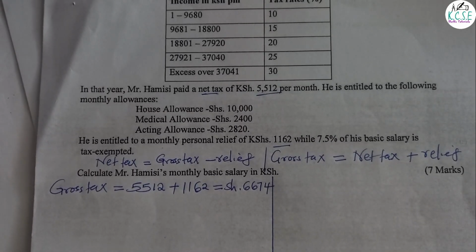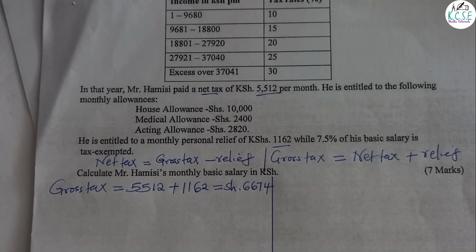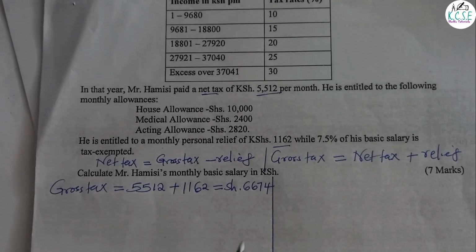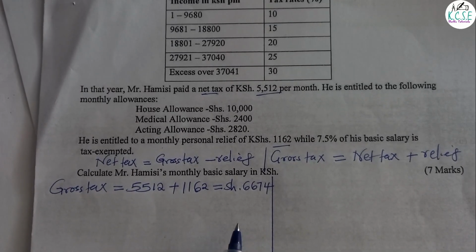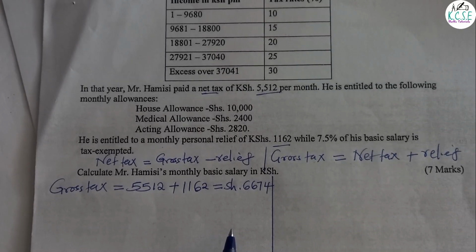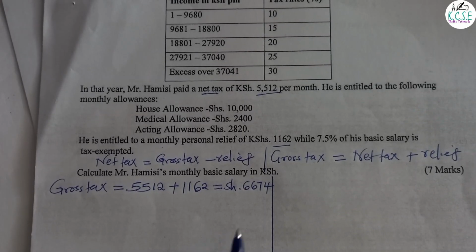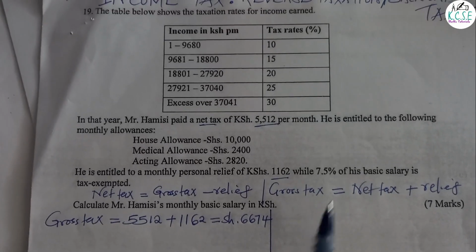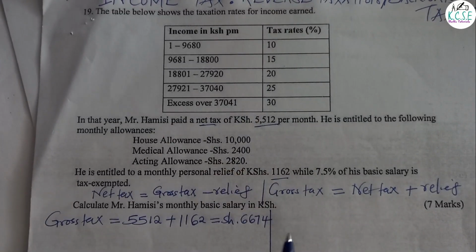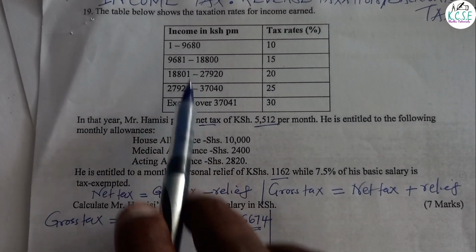Remember, we're moving backwards. Now, after getting the gross tax, we are supposed to work out the basic salary. We are going to use this table of taxation, using the gross tax that we have already and the income slabs.